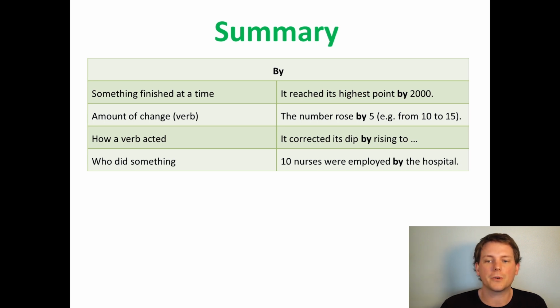It reached its highest point by 2000. It's describing the amount of change, like it rose by, for example, by 5, from 10 to 15 would be rising by 5. Describes how a verb acted, corrected its dip by rising, and describes who did something, like 10 nurses were employed by the hospital.